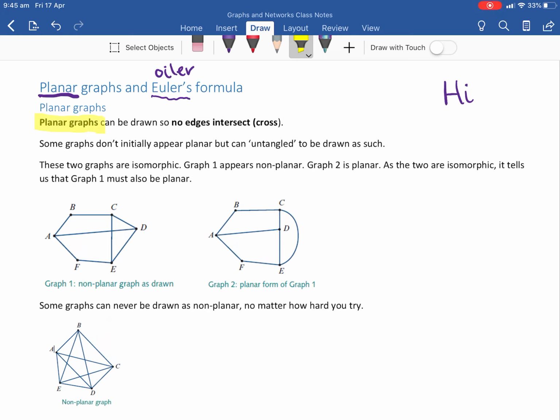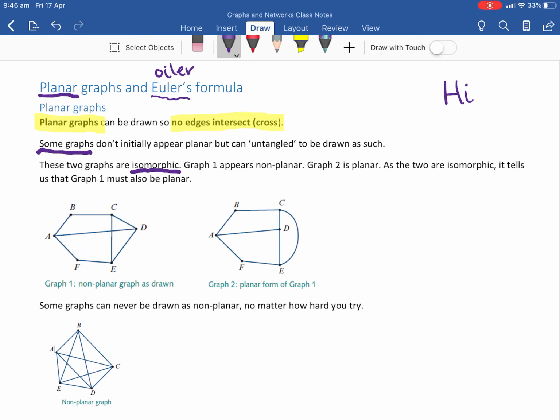A planar graph can be drawn so no edges intersect or cross over. Now, some graphs, which is very good to note, don't appear to be planar but can be untangled to be drawn as a planar graph. So the graphs down here, we've got graph 1 and graph 2. They are the same graphs, so that's why we use the word isomorphic.